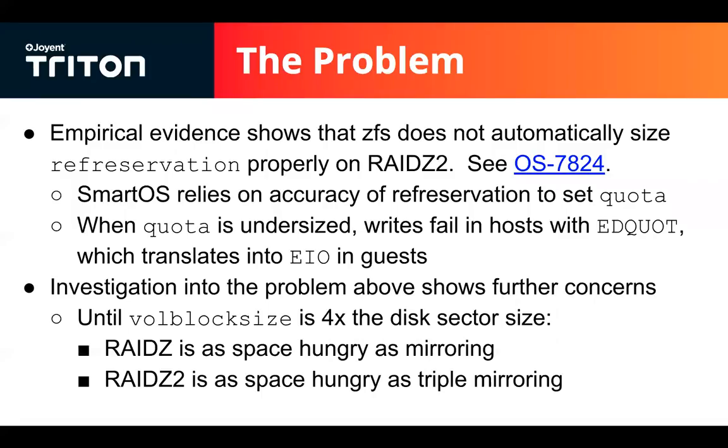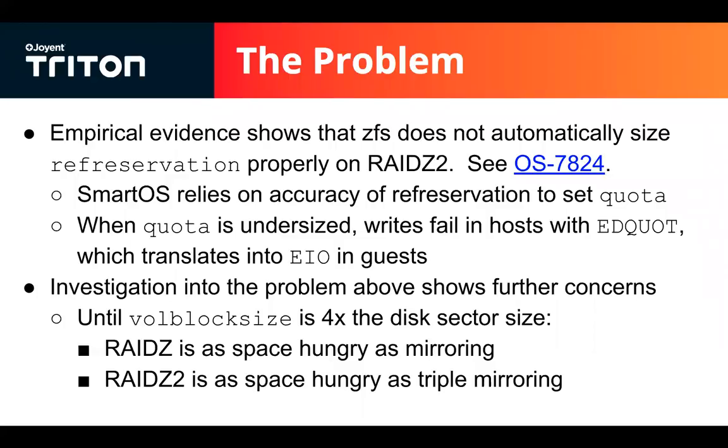It turns out that there's a bug in the way that ref reservation is set with RAIDz, and that covers RAIDz 2 and RAIDz 3 as well. Whenever I say RAIDz, I mean all three of them. And so it was not reserving all of the blocks that are actually allocated, and there's air quotes around all of the blocks there. This gets very complicated.